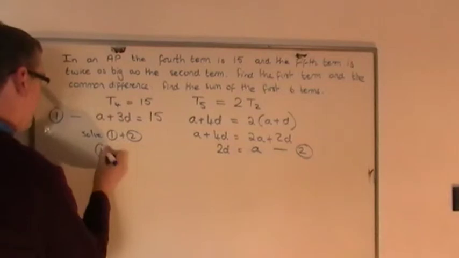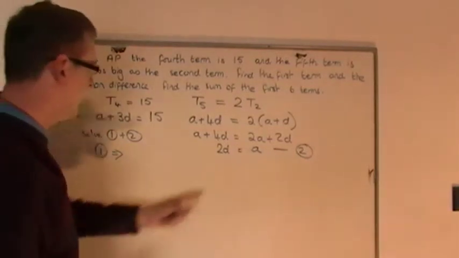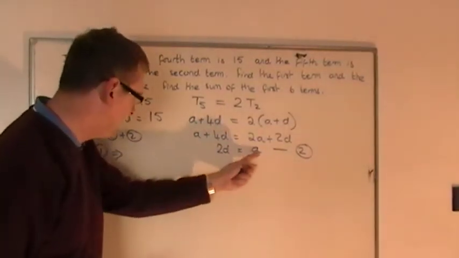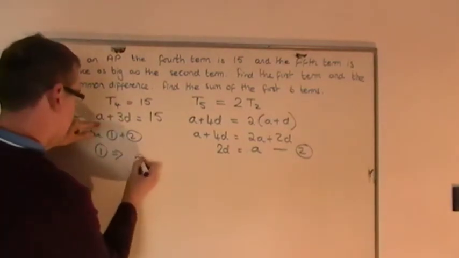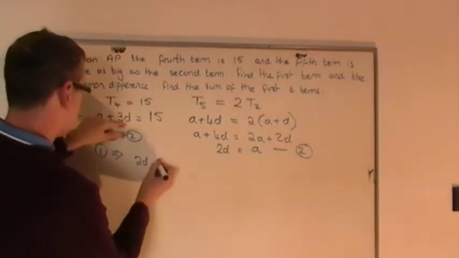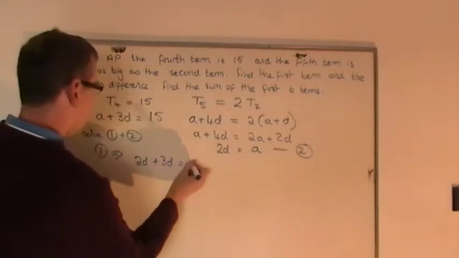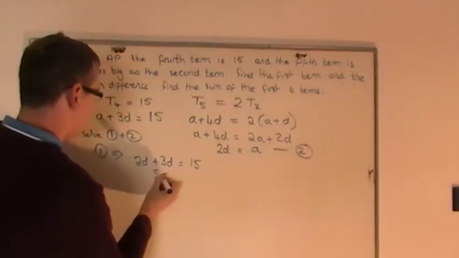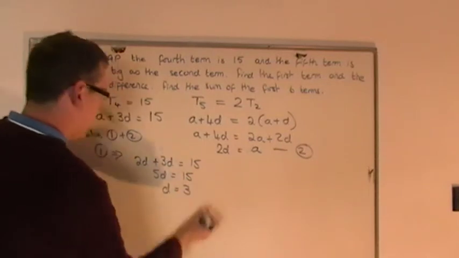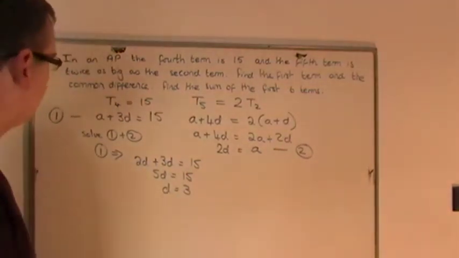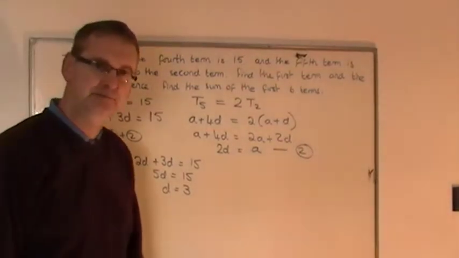Equation 1 now becomes, putting A equals 2D in, 2D plus 3D equals 15. So we end up with 5D equals 15. Divide by 5, and the common difference D is equal to 3.